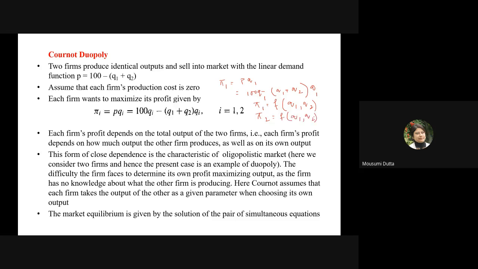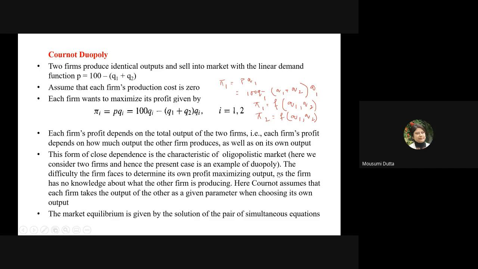Okay. So we can write: each firm's profit depends on the total output of the two firms. That is, each firm's profit depends on how much output the other firm produces, as well as on its own output. This form of close dependence is the characteristic of an oligopolistic market.